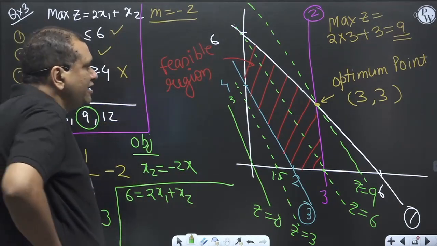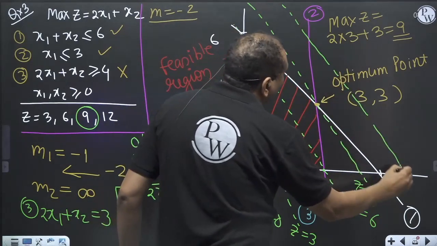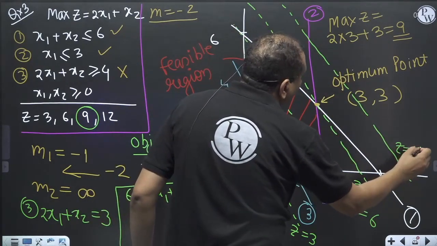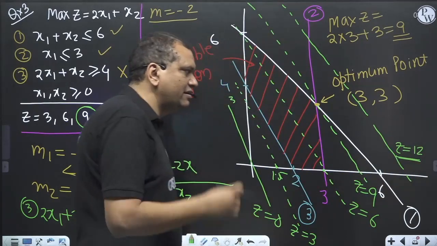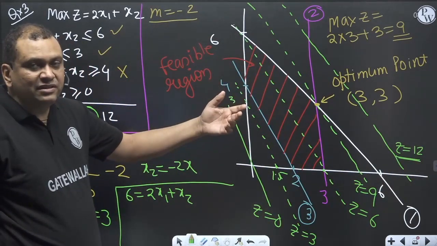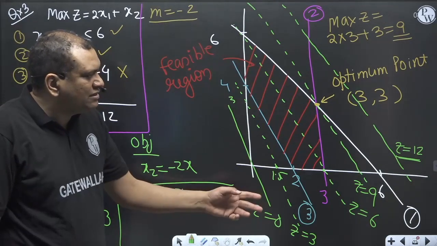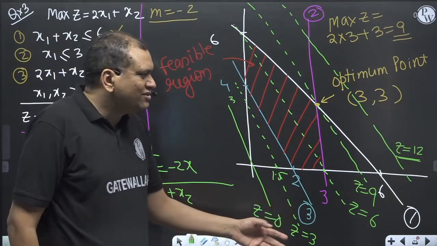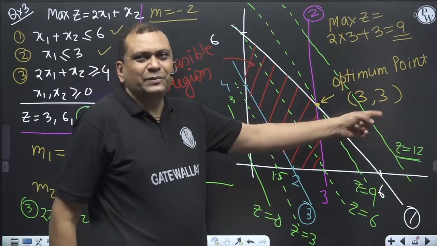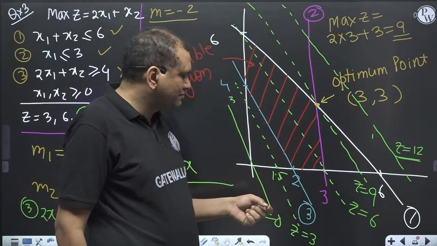And corresponding to 12, the line will appear here beyond the feasible region. So this is also not a feasible solution. Z equals 12 is also not a feasible solution.